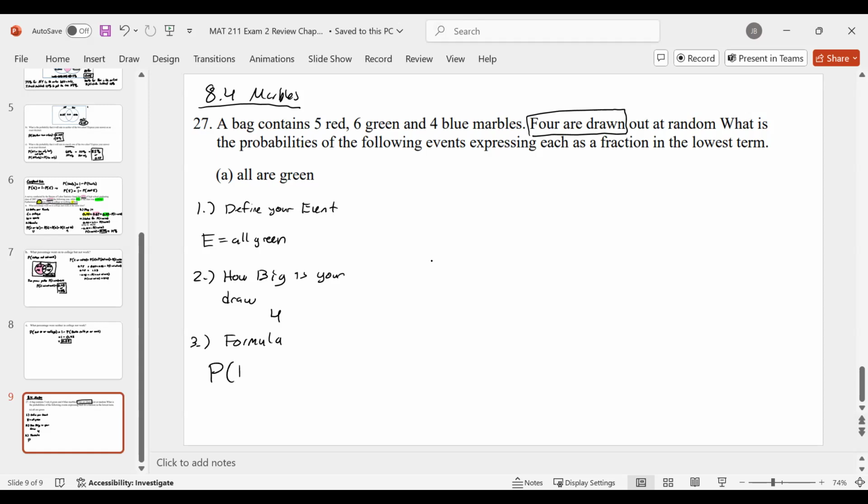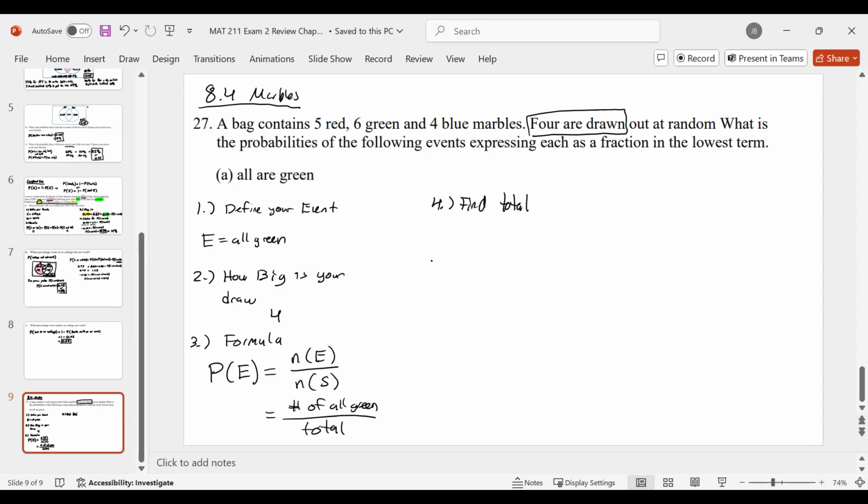The probability of whatever you want is the number of what you want over the number of the total. So, the number of all green over total. Step 4 is find the total. Find the total first, every single time.